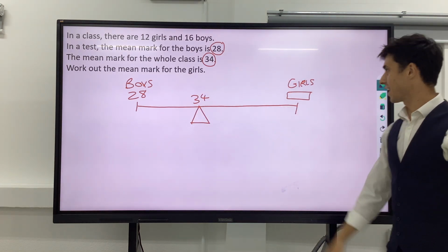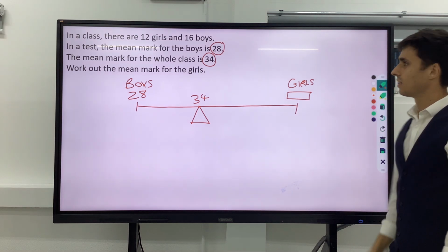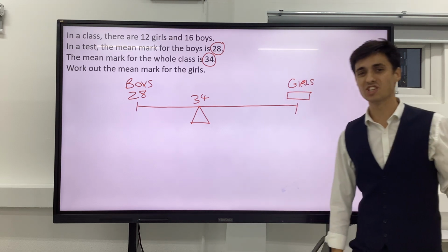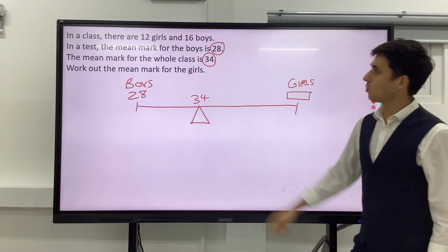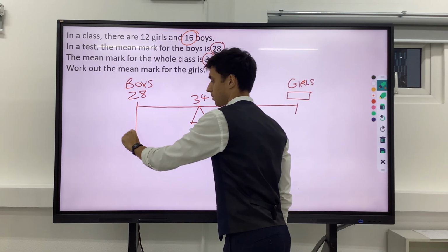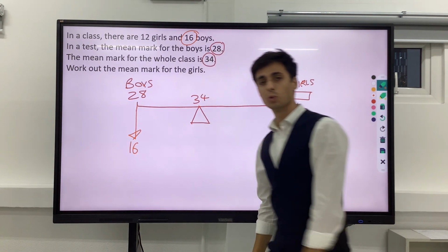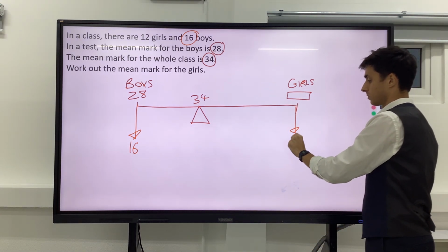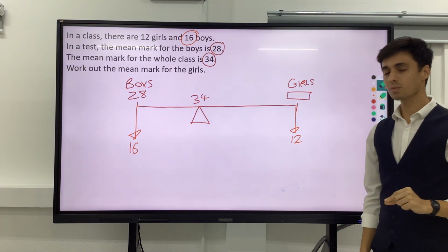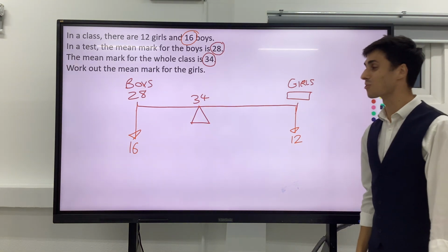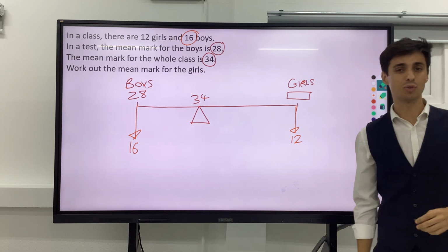So our next step is thinking about those forces that pull down at each end of the seesaw. Well, there were 16 boys. So 16 is the force at this end, and on the girls' end there was 12. Next step in our method is to think about the ratio of these two groups.